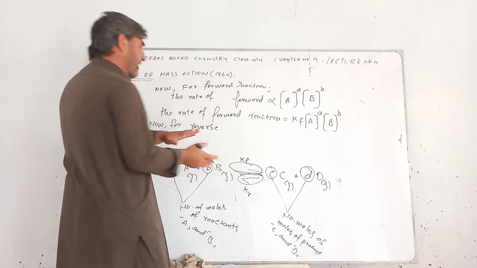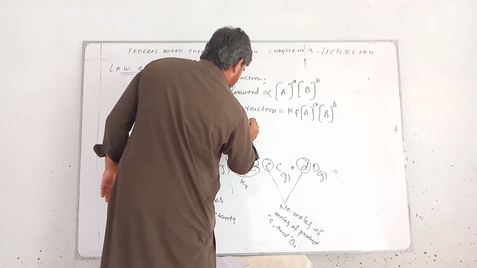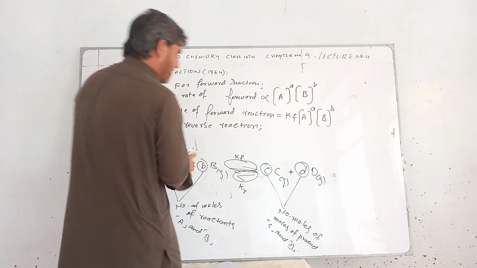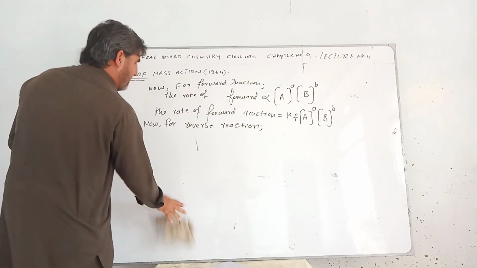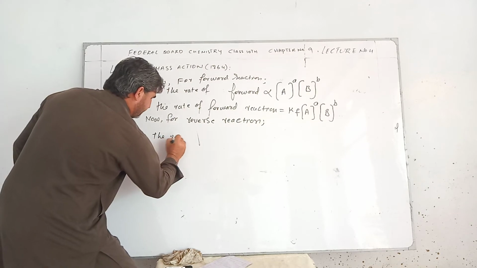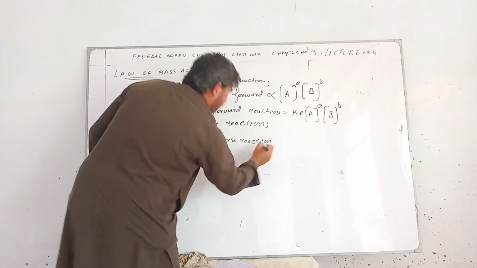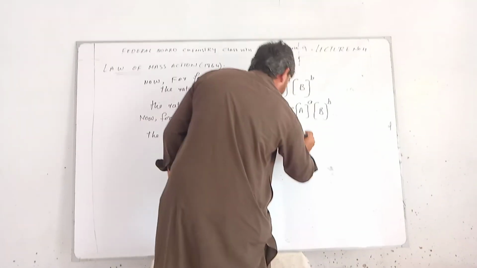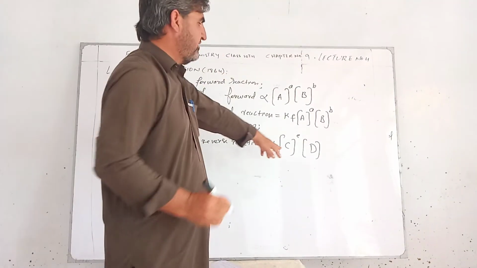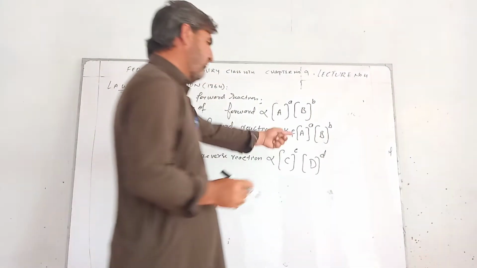Now for the reverse reaction, the rate of the reverse reaction will be directly proportional to the concentration of C raised to the power of the number of moles of C, multiplied by the concentration of D raised to the power of its moles.